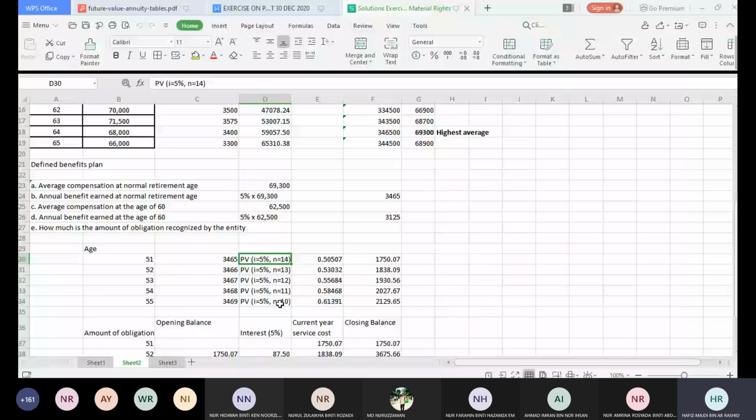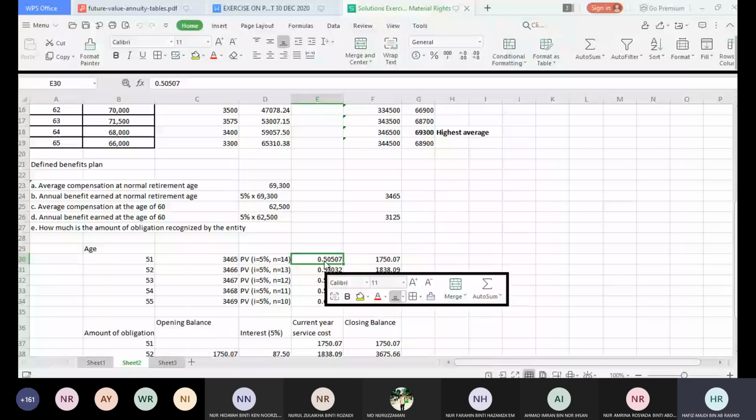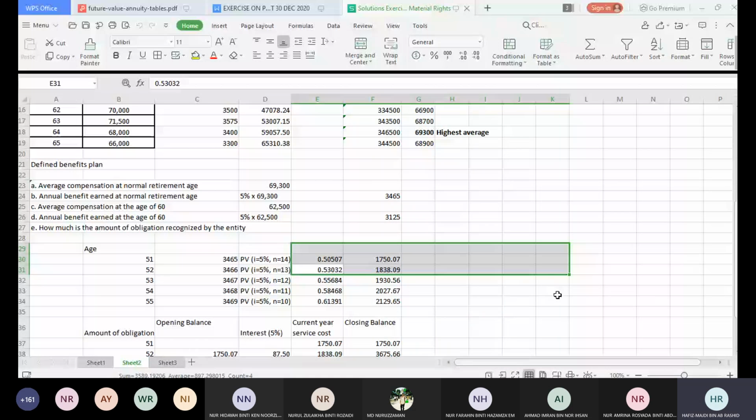So I just look into the present value table, single factor. These are the factors you need to use. The next column is the factors derived from the present value table, and the present value amount is the last column here.